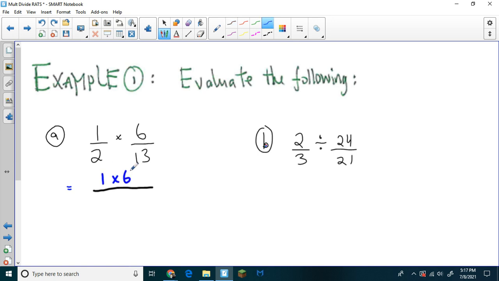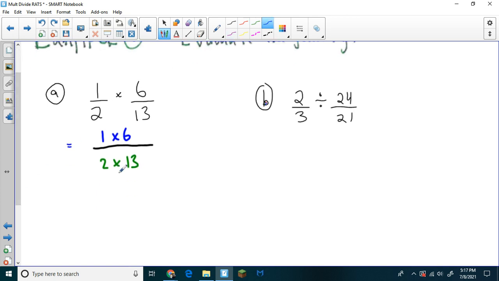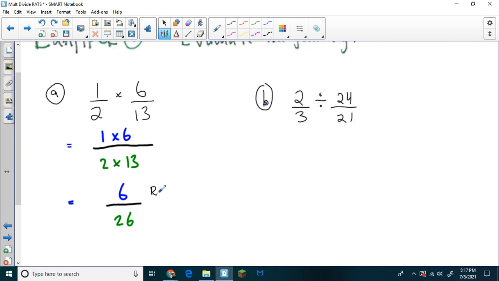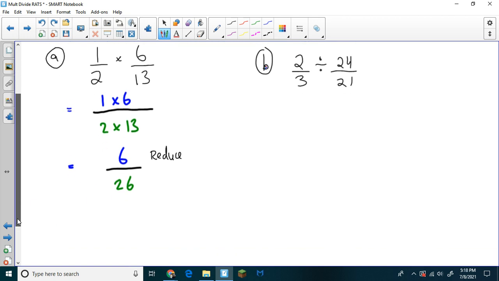So 1 times 6 and 2 times 13. We can write this as 6 over 26. And then we want to try to reduce this fraction.